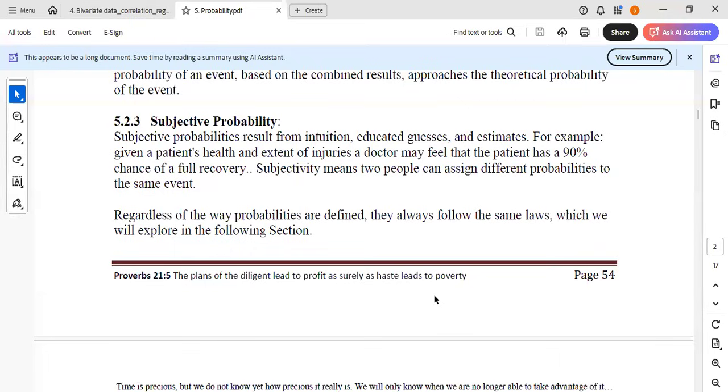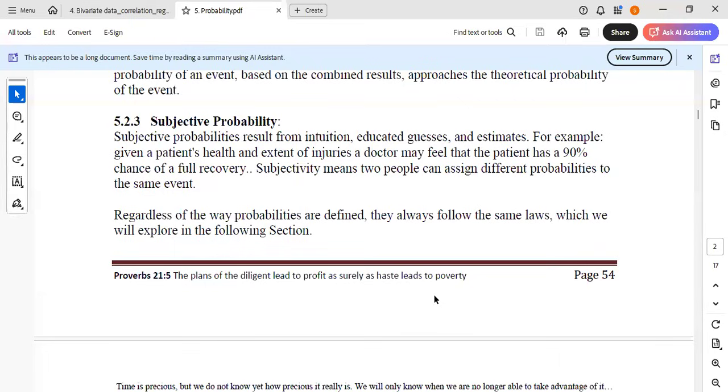Sometimes it could even be 10%. They tell you the chance that you're going to survive for the next 1 month is maybe 10%, and so forth.